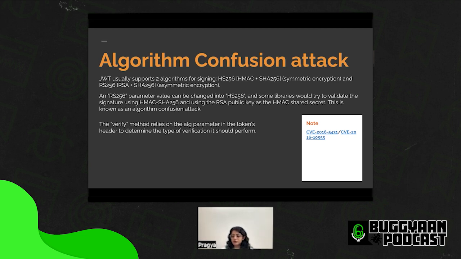So this algorithm confusion attack happens because sometimes developers may confuse the decode JWT function with the verify function. HMAC shared.